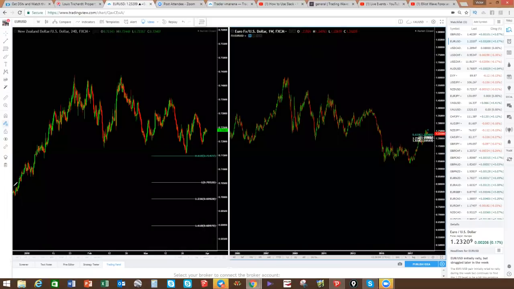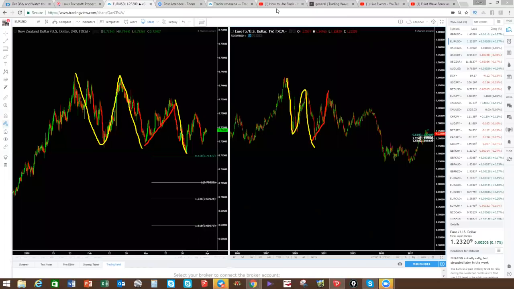See, after an impulsive move up, this is making this one 1, 2, 3. This one is making a 1, 2, 3 down. Makes this reversal, a move down, a move down. This one does, this one does, this one does. So now US dollar New Zealand may be getting ready to do this one.